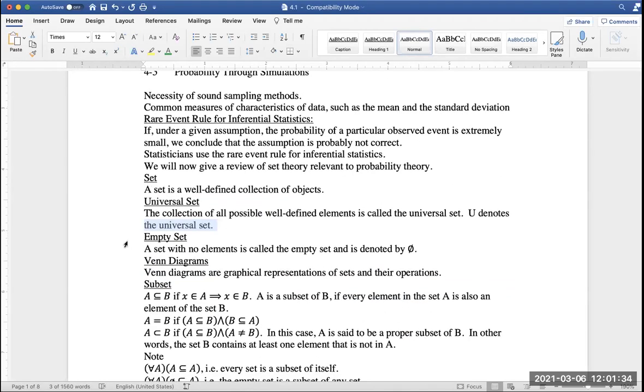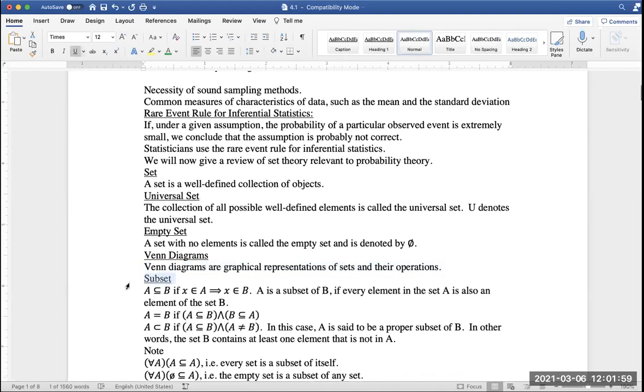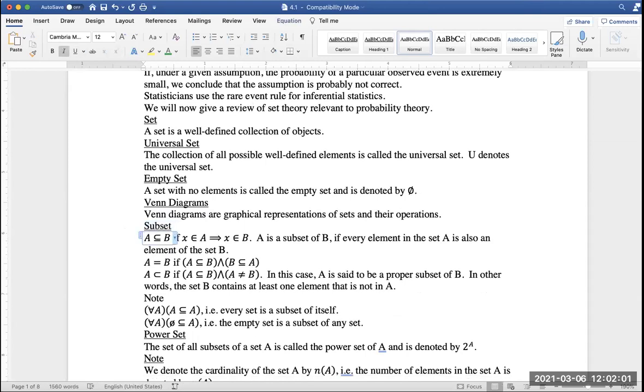At least that's in set theory, we did that. The empty set is a set with no elements. And I'll usually denote it by this symbol here. I will use Venn diagrams, which are these graphical representations of sets and their operations.